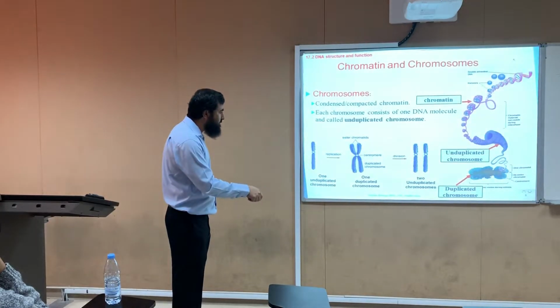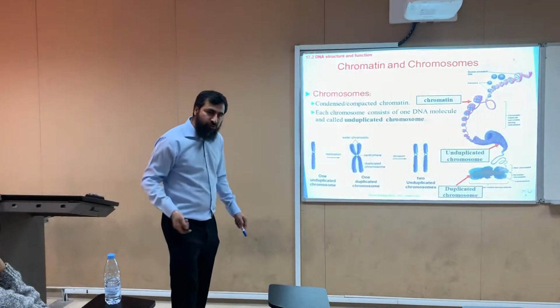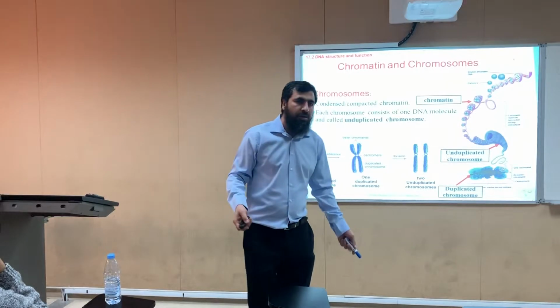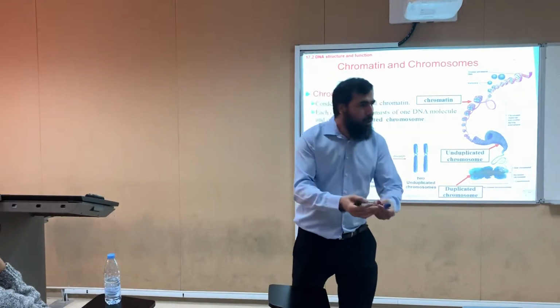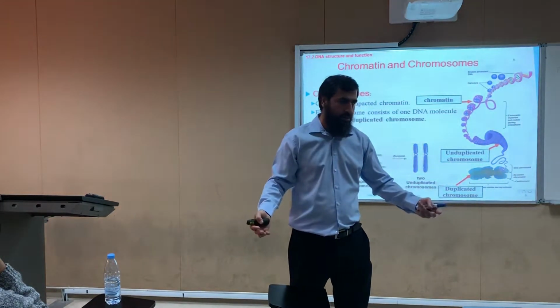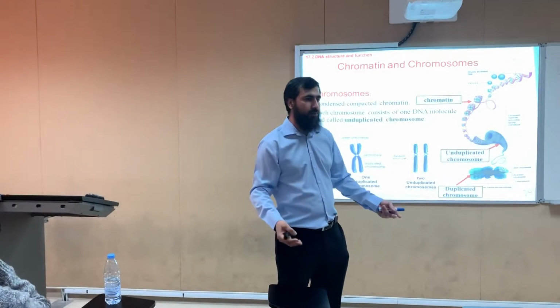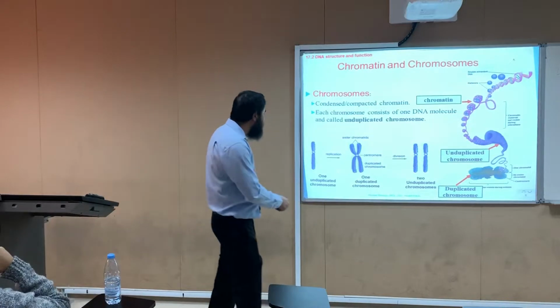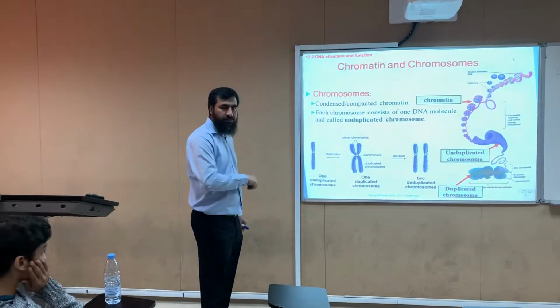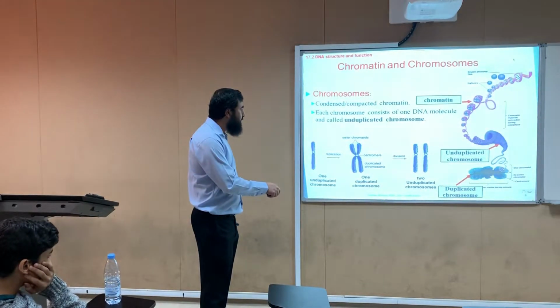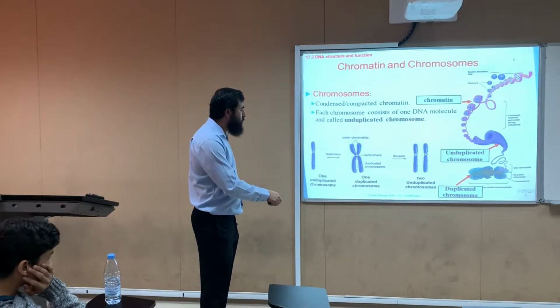During cell division, the DNA is replicated because you want to end up with a copy of the DNA in each cell. To do that, you need to replicate the DNA, so an exact copy of the chromosome is made. This forms what we call a duplicated chromosome.